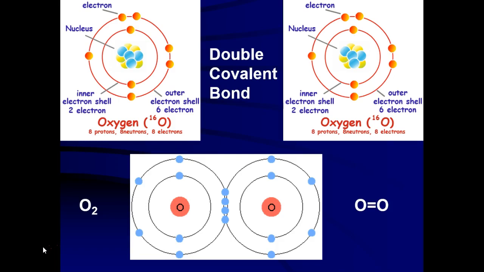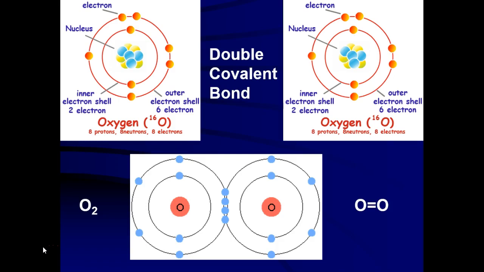Now, oxygen has a slightly less filled valence shell. If you look at oxygen, it has 8 protons. That's what makes it oxygen. It is electrically balanced, so it has 8 electrons.